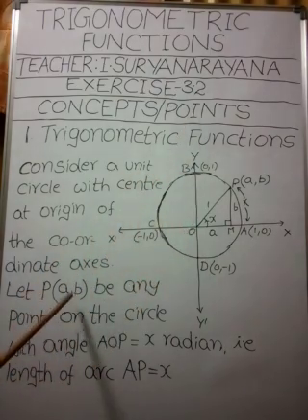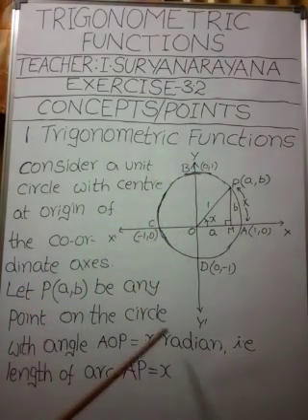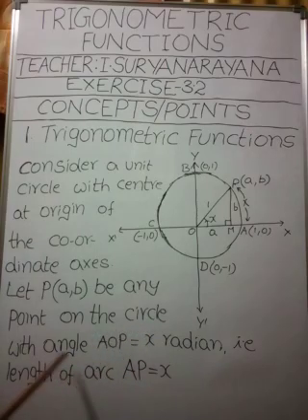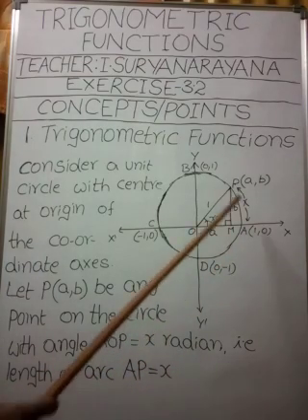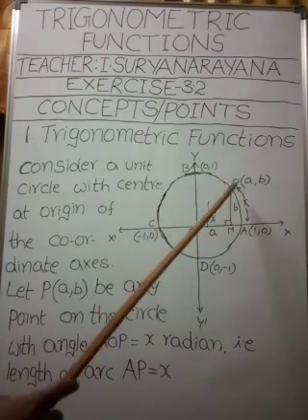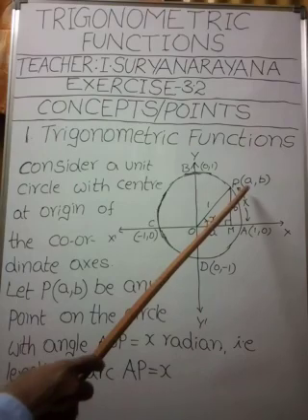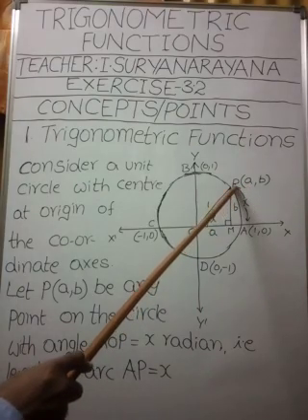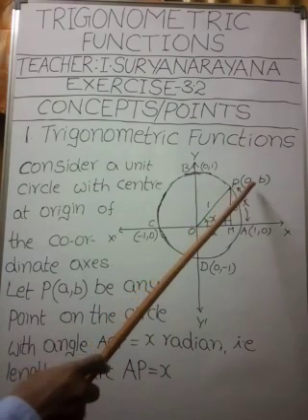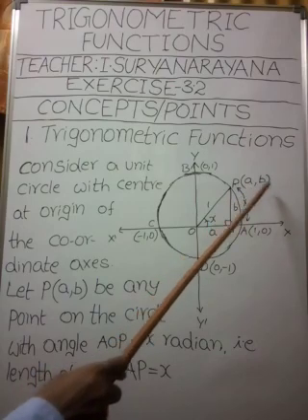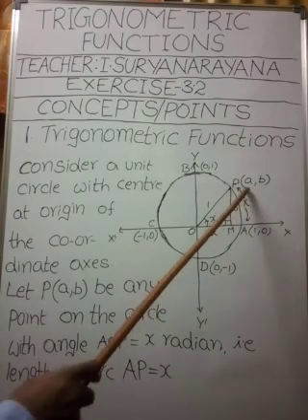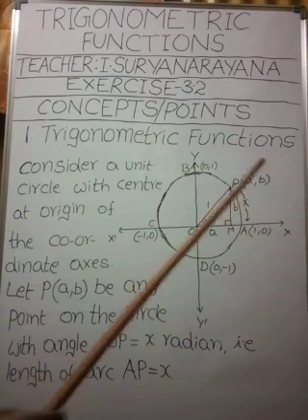Let P(a, b) be any point on this circle with the angle AOP equal to x radian. On this circle, we can take any point P anywhere. Its coordinates are a, b: x coordinate is a and y coordinate is b.